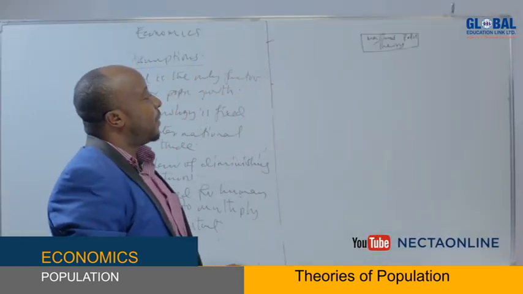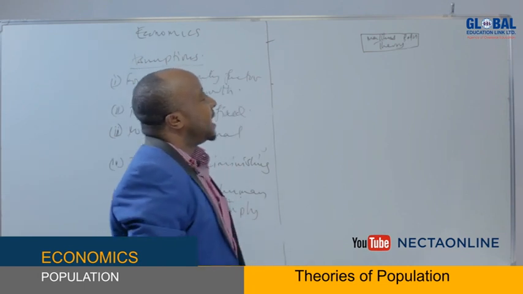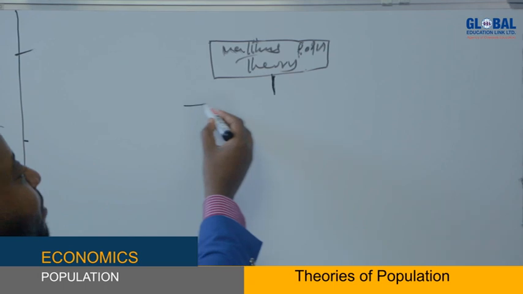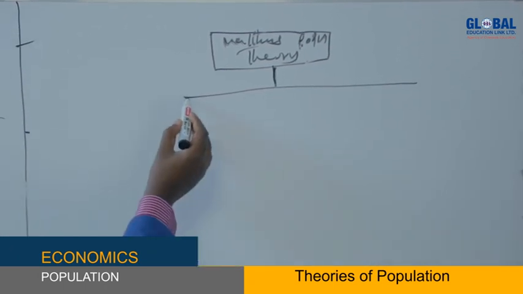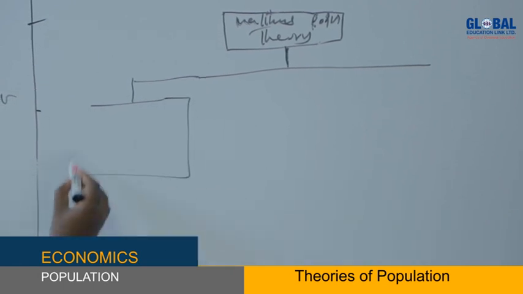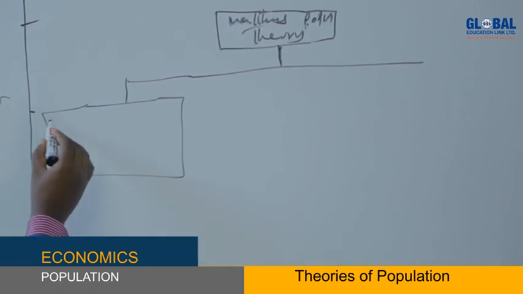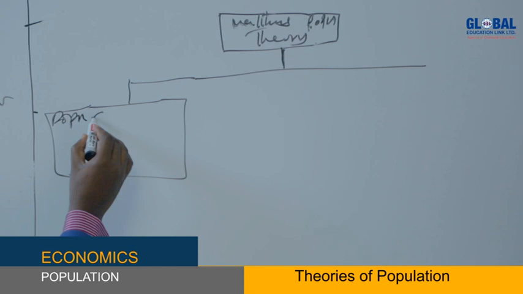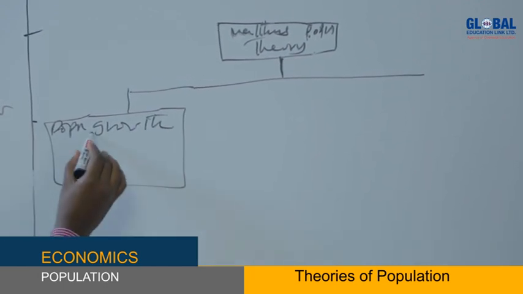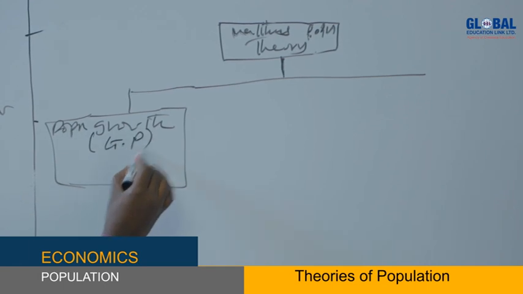Now, at this particular point, he suggests that this theory is built in two aspects. The first aspect explains population growth, which we say is going at geometric progression.